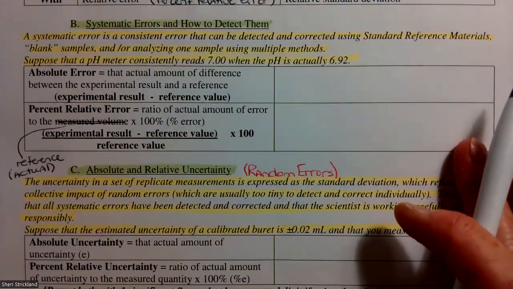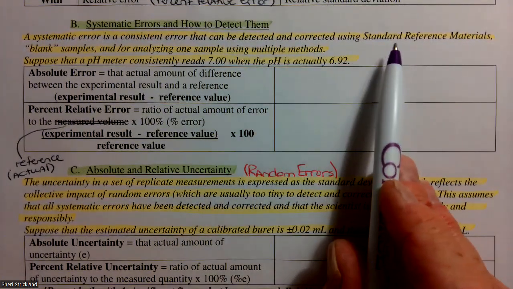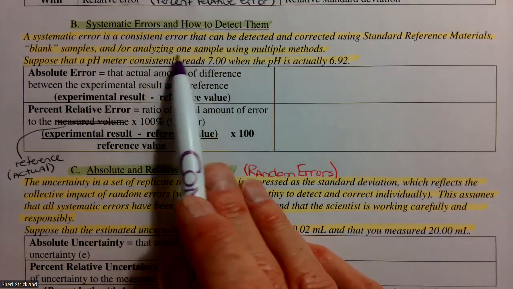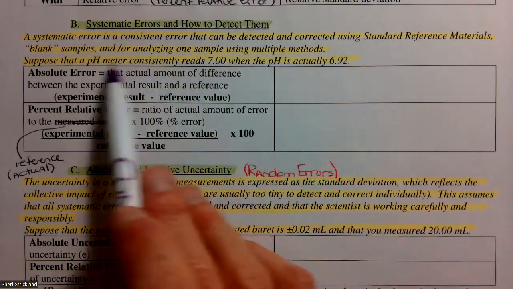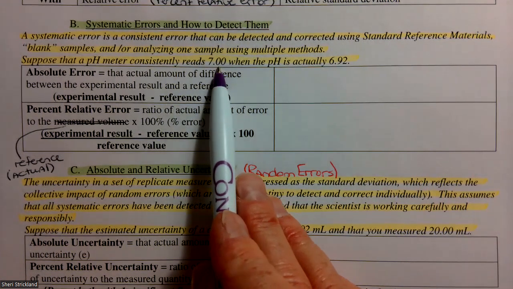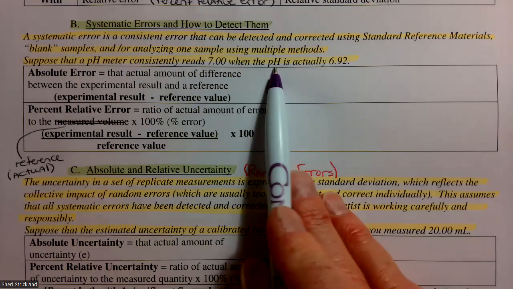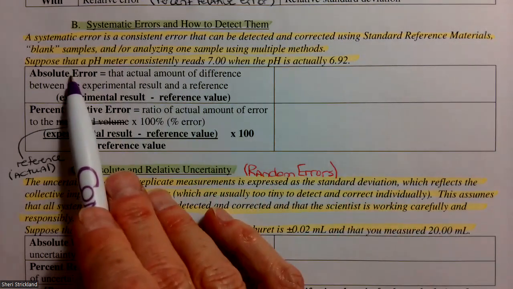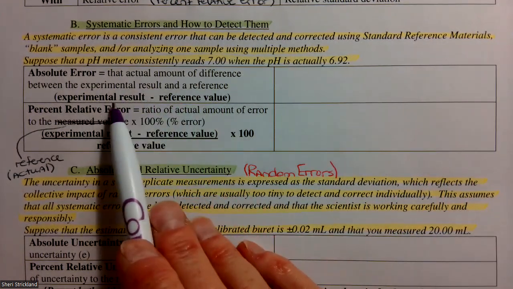Okay, so a systematic error is a consistent error that can be detected and corrected using things like standard reference materials, blank samples, or analyzing one sample using multiple methods and then comparing the results. Like suppose that you had a pH meter that consistently reads 7.00 when the pH confirmed by other means is actually 6.92. Now, the absolute error is the actual amount of difference between the experimental result and a reference.